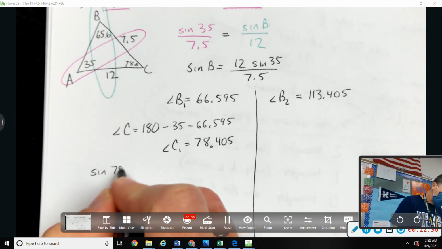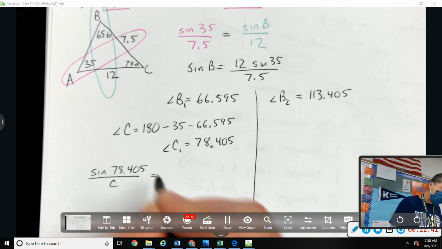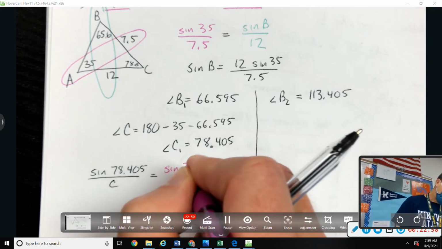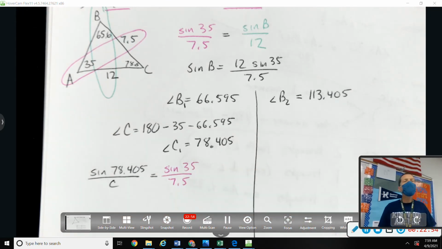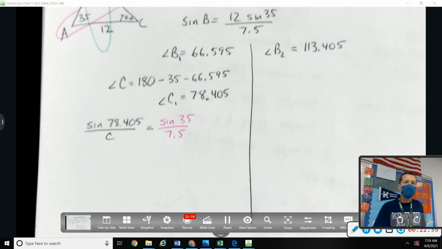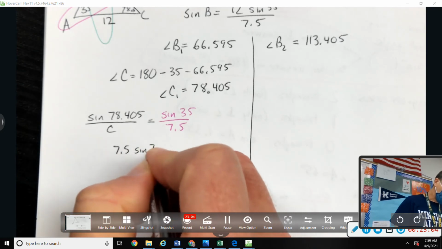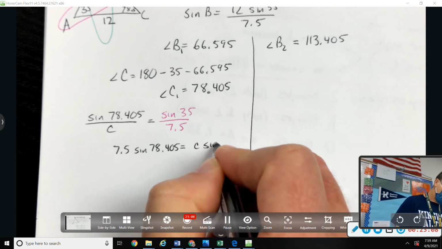So sine of 78.405 divided by side C equals, I know almost everything now, but I should use the original information. So back to that A stuff, sine 35 over 7.5. Some of you are going to jump straight to the calculator, which is okay as long as you know what you're doing. Others of you are going to show one extra step in here to make sure you don't mess it up.